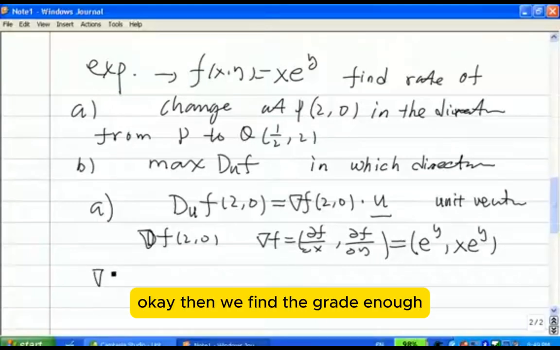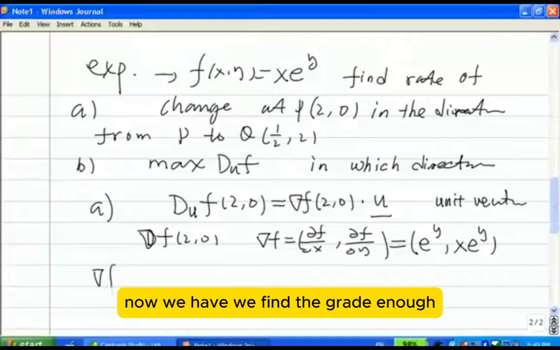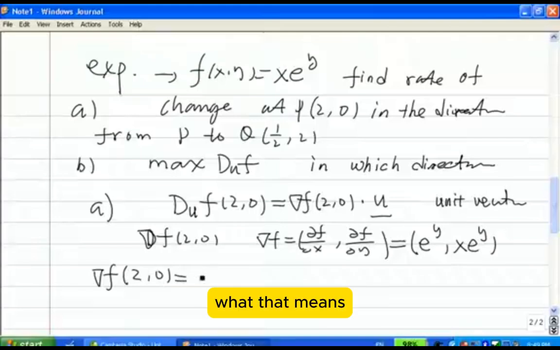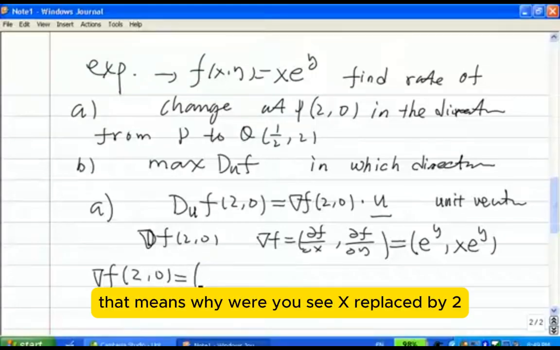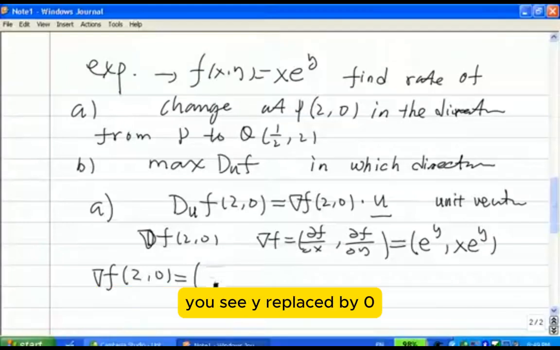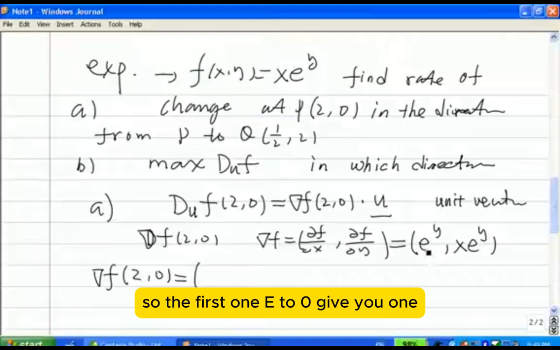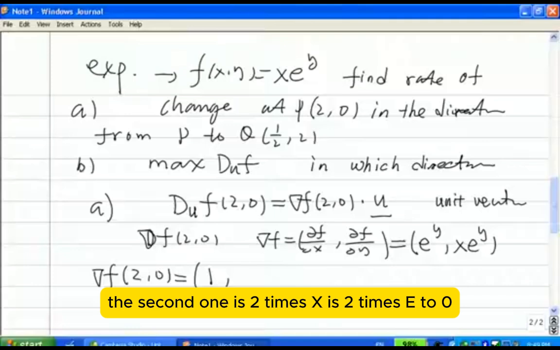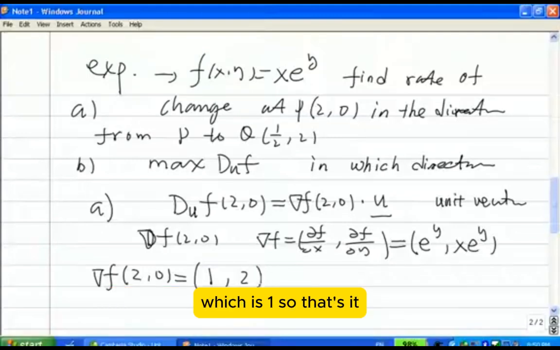Then we have to evaluate the gradient f at (2, 0). That means whenever you see x, replace it by 2, and y replaced by 0. So the first one, e to the 0, gives you 1. The second one is 2 times e to the 0, which is 2. So that's it.